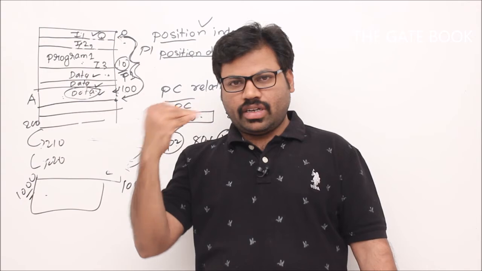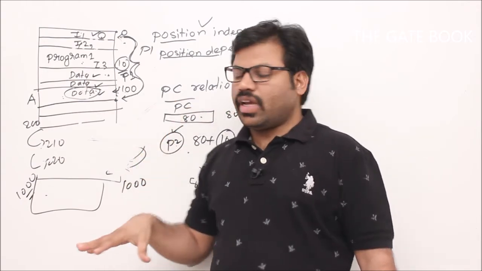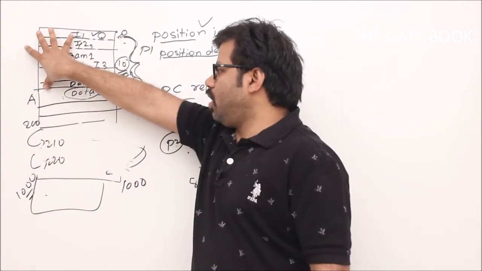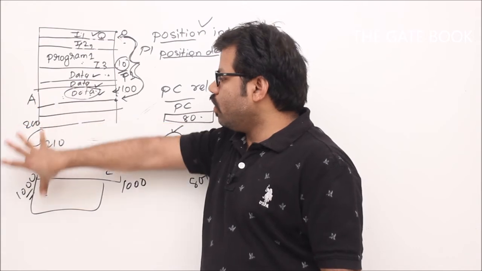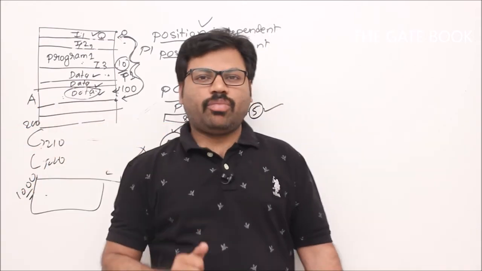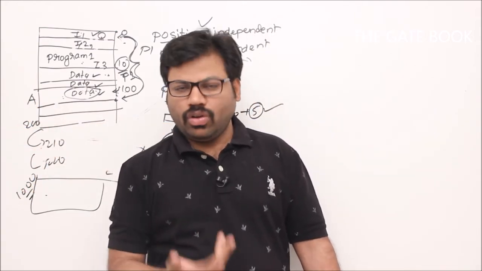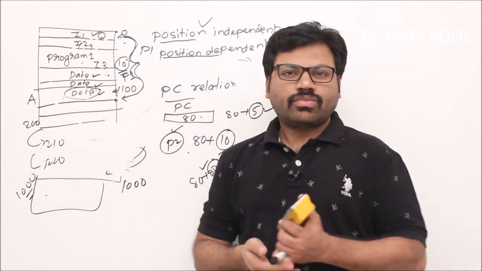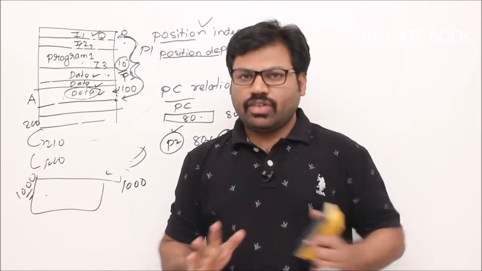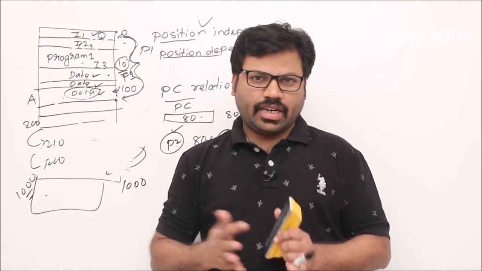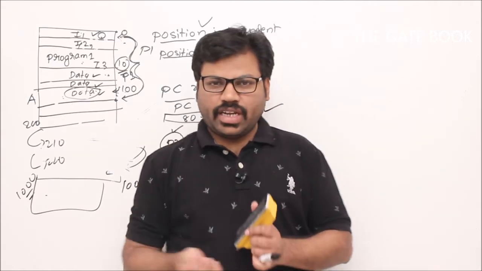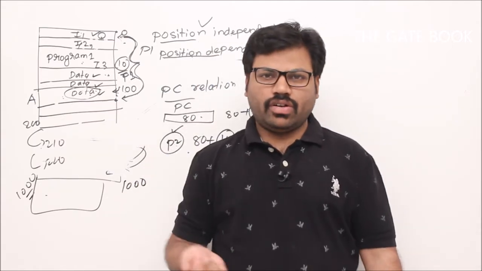Tomorrow we can execute that program from here, day after tomorrow from somewhere else. Such programs are called relocatable code. So that is about PC relative addressing. We are studying many addressing modes, and now we'll see a summary of all these addressing modes.